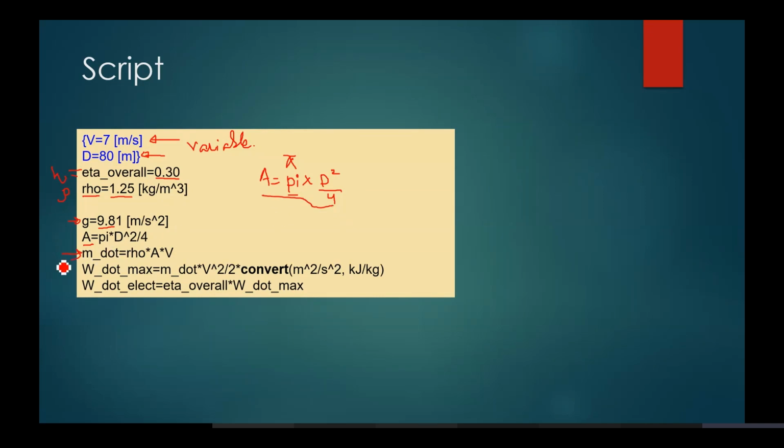M dot, which is mass flow rate. You already know mass flow rate is density into area multiplied by velocity. You have defined density with rho, area with A, and velocity with V, so it would automatically calculate the mass flow rate. W dot maximum is what you can calculate. It is mass flow rate, M dot, multiplied by E mechanical, which is nothing but V square over 2.